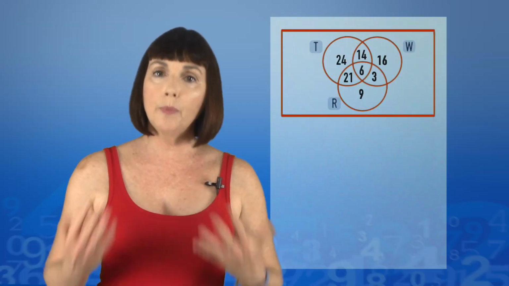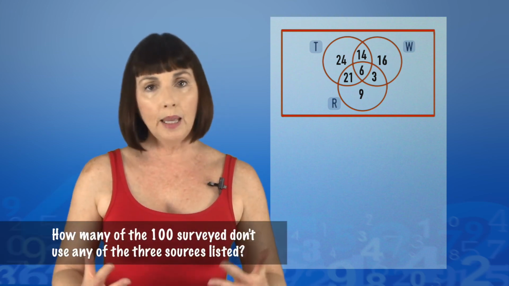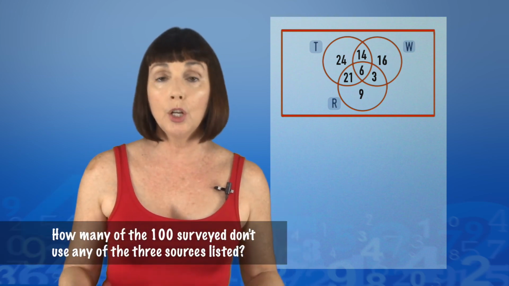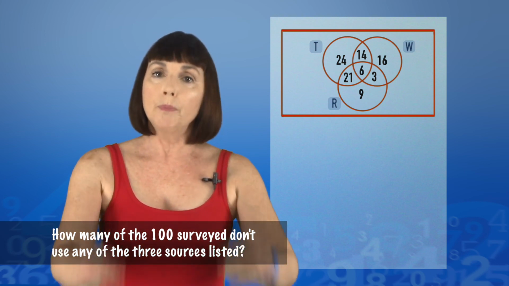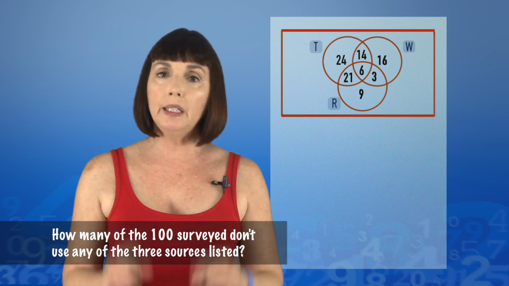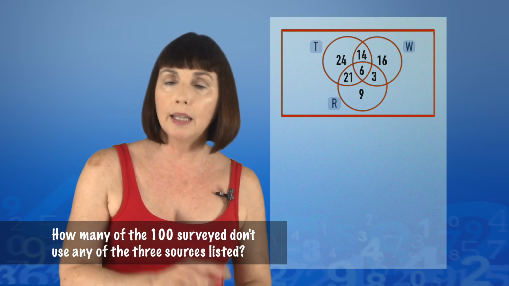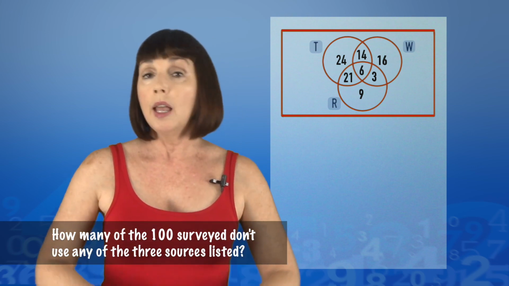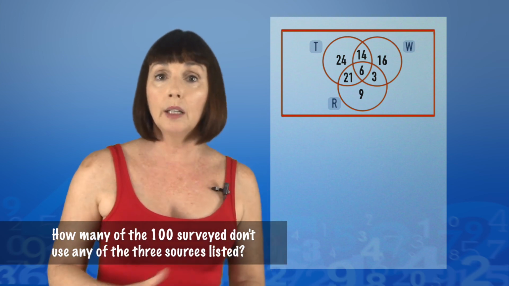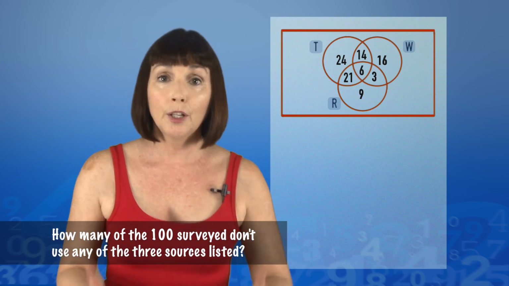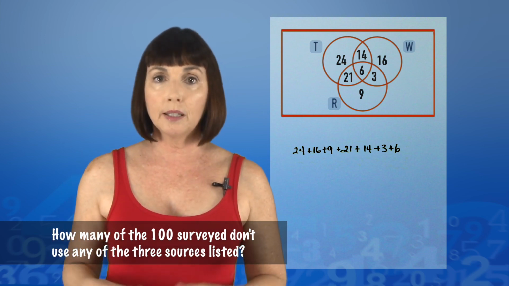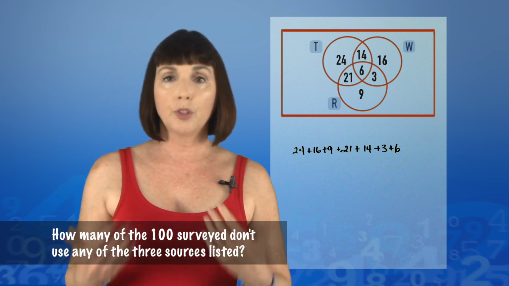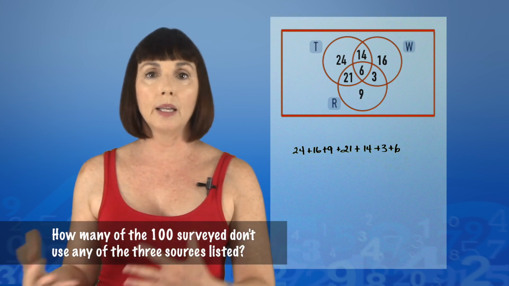Okay, now that we have our diagram, let's go back to our question. How many of the 100 people surveyed don't use any of the 3 sources listed? Before we can answer that question, we need to know how many people are represented in our diagram. And all we have to do to find that out is add up all the values. So we have 24 plus 16 plus 9 plus 21 plus 14 plus 3 plus 6.